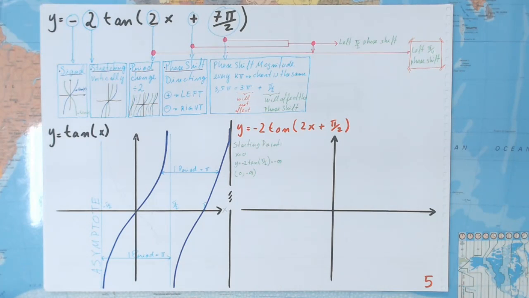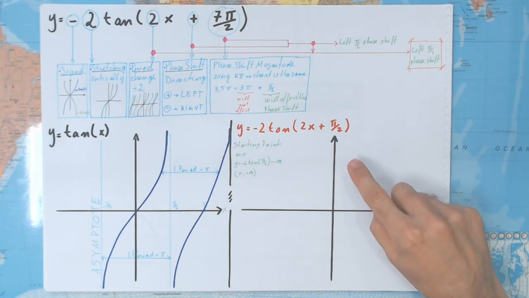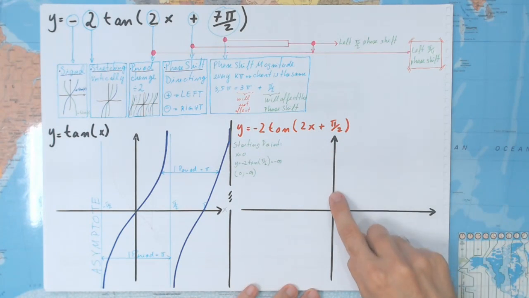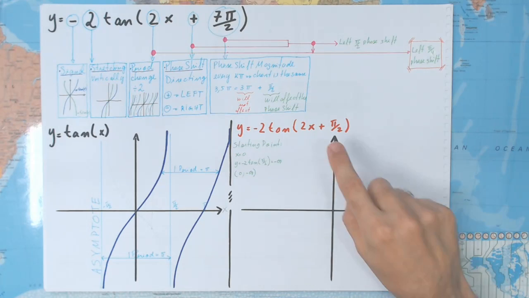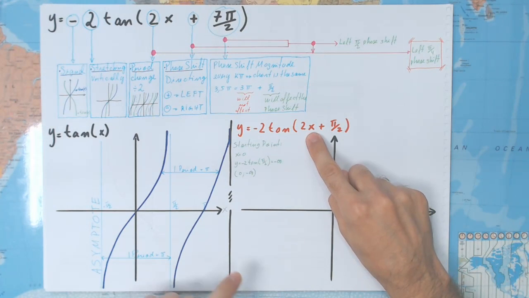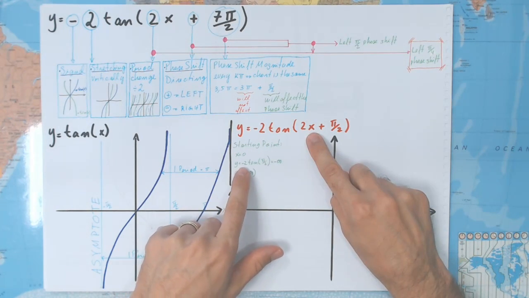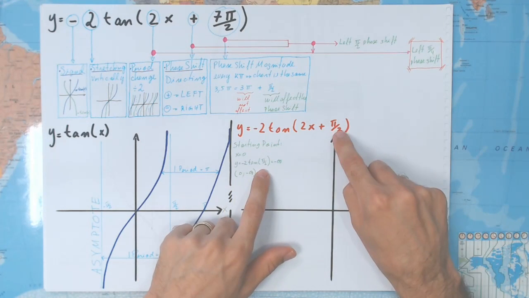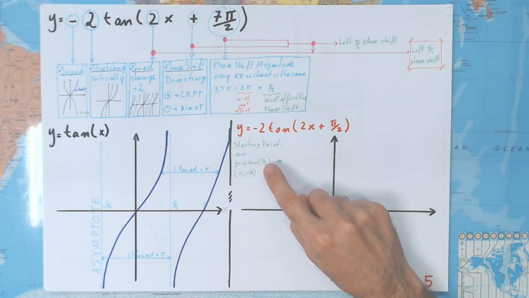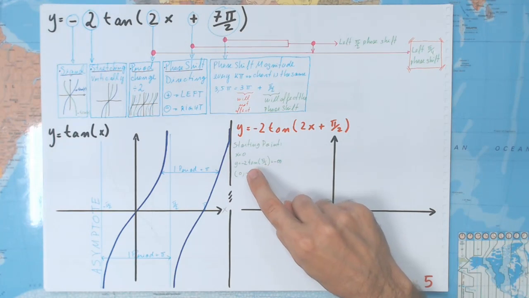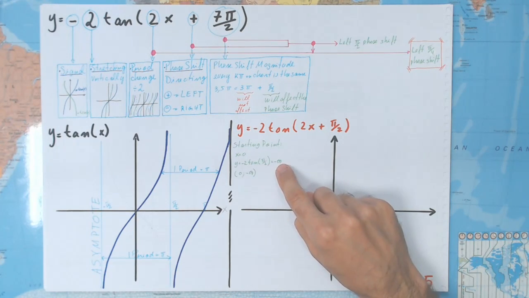Remember, one idea that we have to make our chart is starting by just making x equals 0. Let's try to pick a point in here. If x equals 0, what is going to be y? Minus 2 tangent of pi over 2. But tangent of pi over 2 is infinite, and because we have a negative here, it's going to be negative infinite.